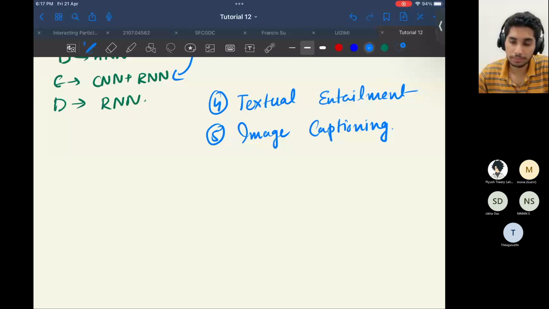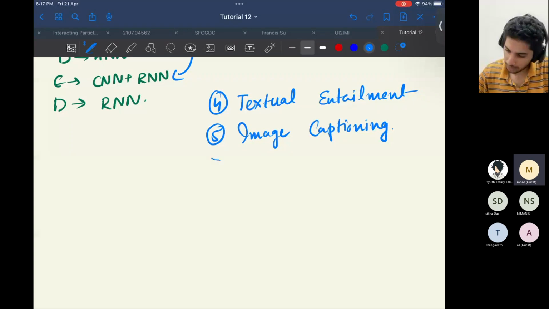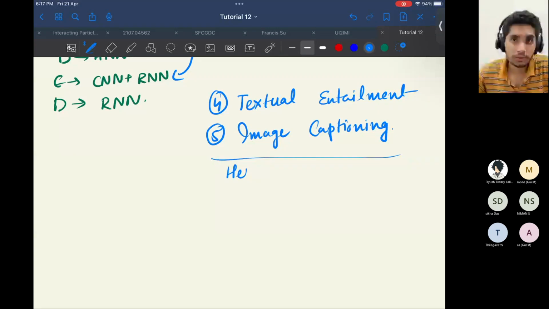That hierarchical one was in question 7, or maybe when we come to question 7, it will be covered.